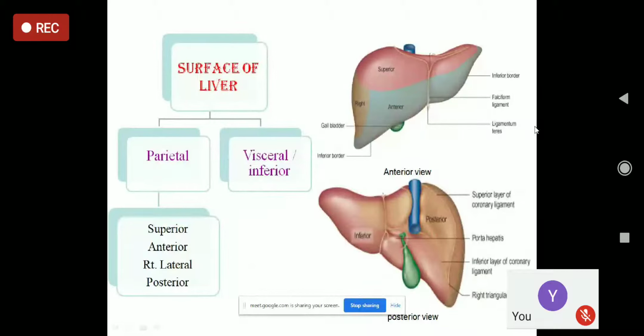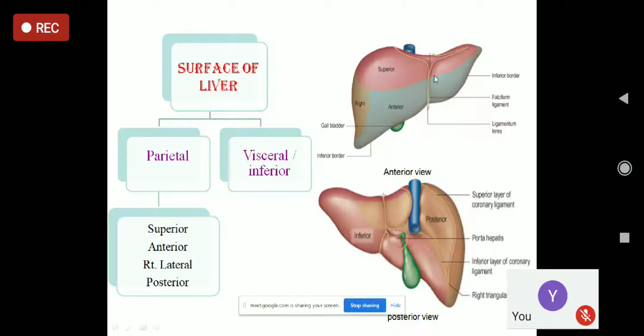Okay, talking about the surfaces, the liver is divided into the parietal surface and the visceral surface or inferior surface. The parietal surface is again divided into the superior surface, anterior surface, right lateral surface, and posterior surface. Look at it: this is superior, this is anterior, this is right lateral, and this is posterior. Whereas this is the inferior surface. Don't confuse the posterior surface and inferior surface.